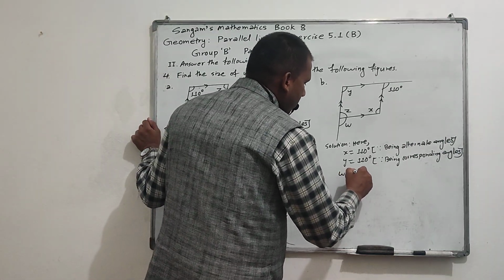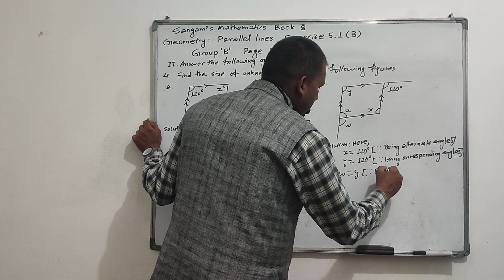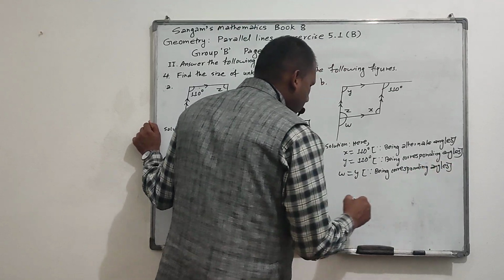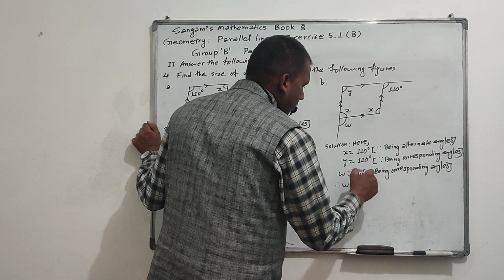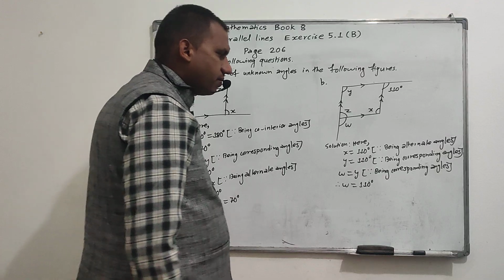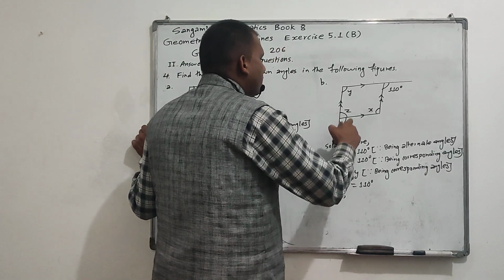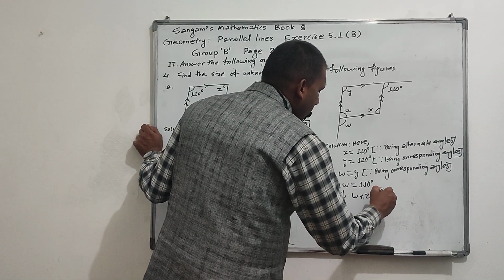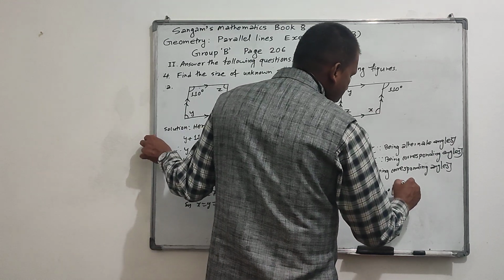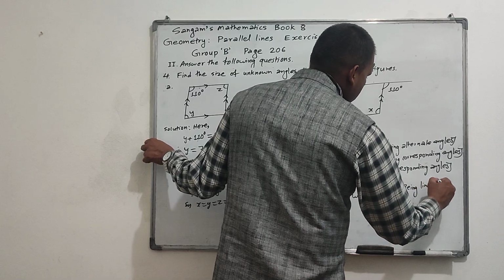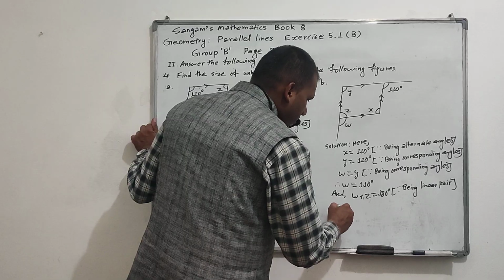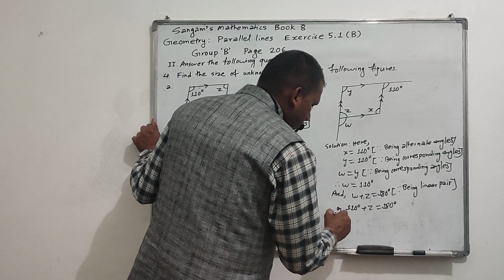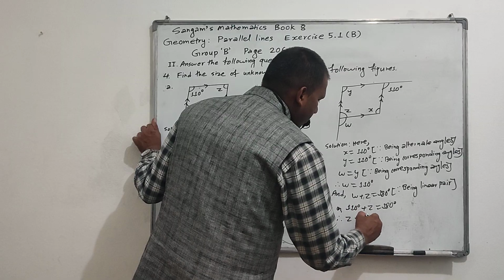Now again, y and w are also corresponding angles, so we can write w equal to y, because being corresponding angles, therefore w equal to y, that y is 110, so w equal to 110 degree, and w and z are linear pairs, so we can write w plus z equal to 180 degree, because being linear pair, or the value of w is 110 plus z equal to 180, therefore z equal to 180 minus 110, that is 70 degree.